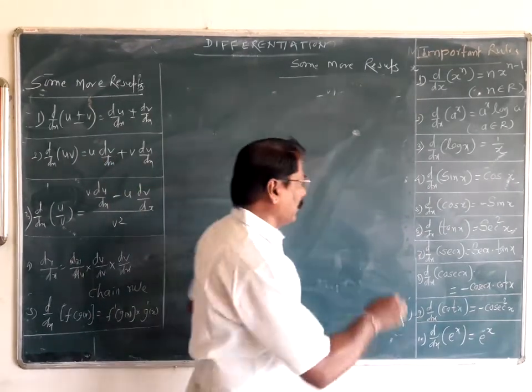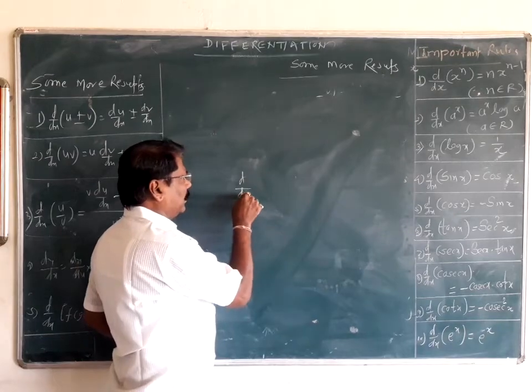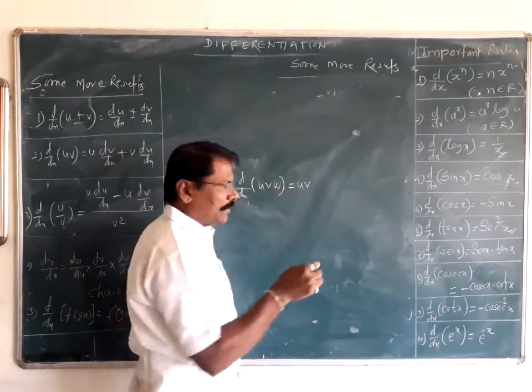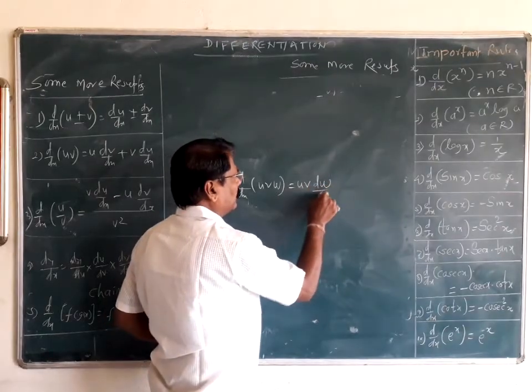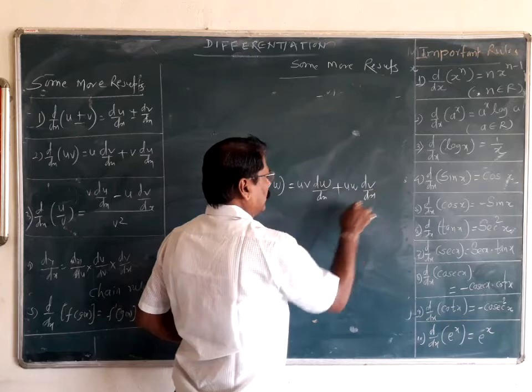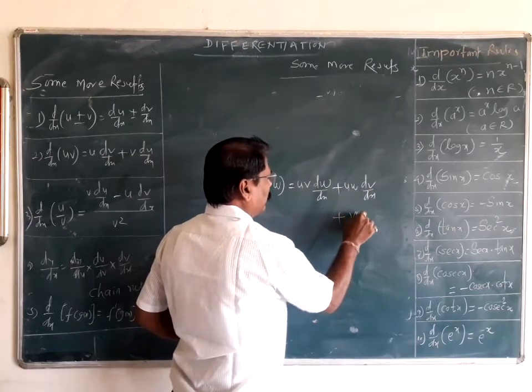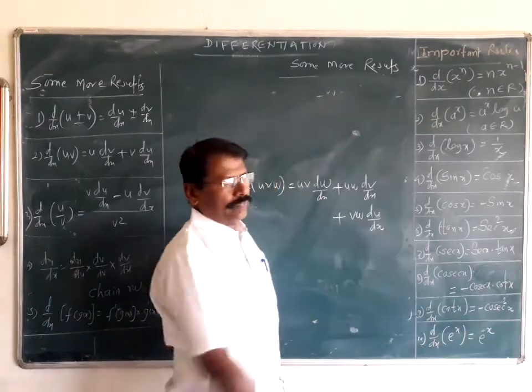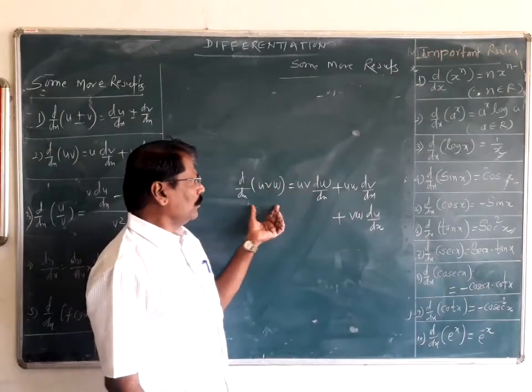Suppose there are 3 functions, d by dx of u, v, w. To keep 2 fixed, find the derivative of the remaining one: u w times derivative of v, then v w times derivative of u. So this is a product rule.